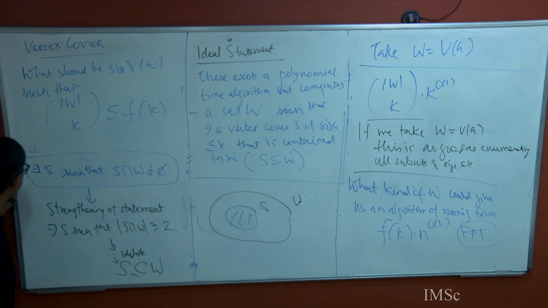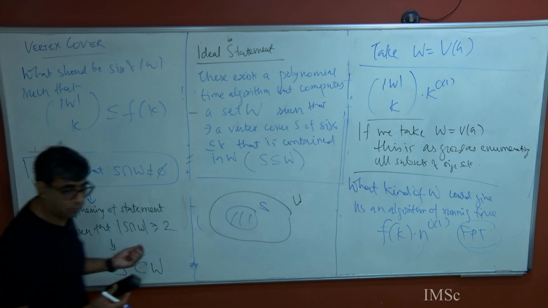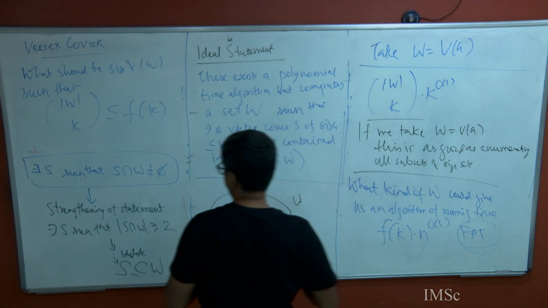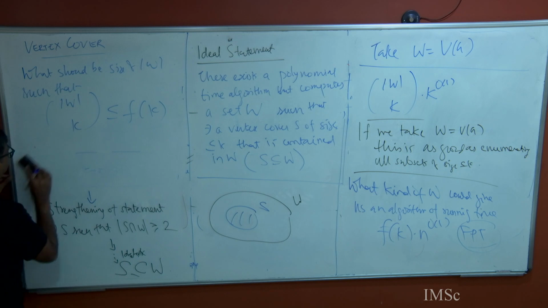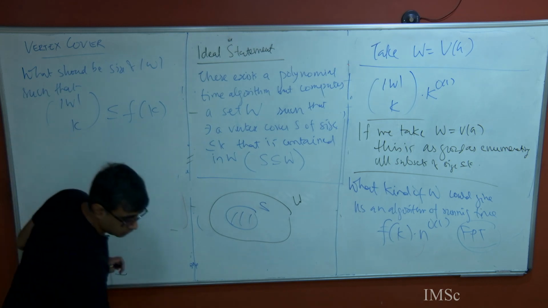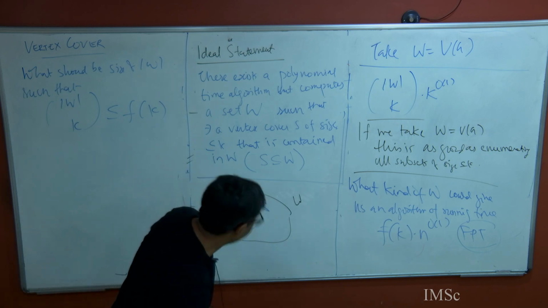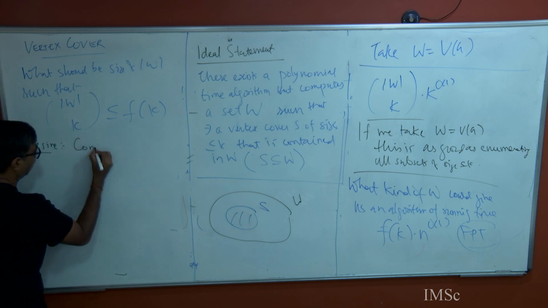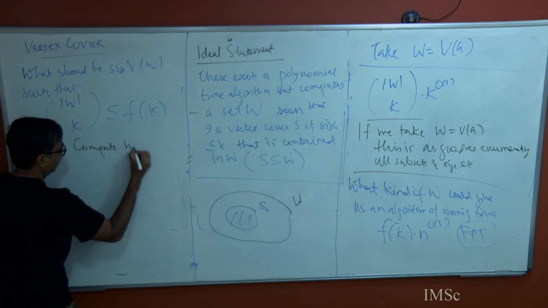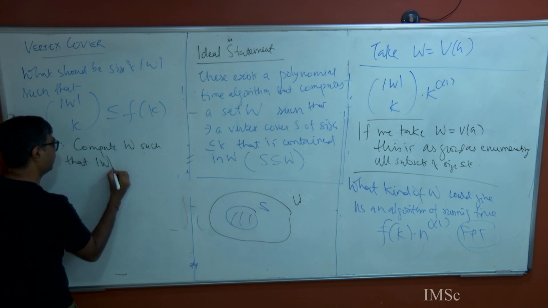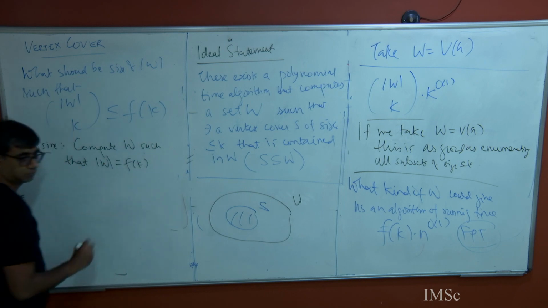Okay. So, ideal world, right? If we wanted to design an FPT algorithm, what should I want? What is our desire? Desire is to compute W such that the cardinality of W is some f of k.